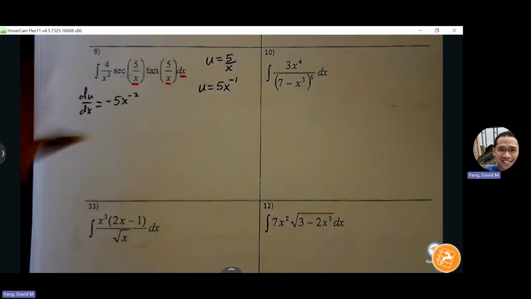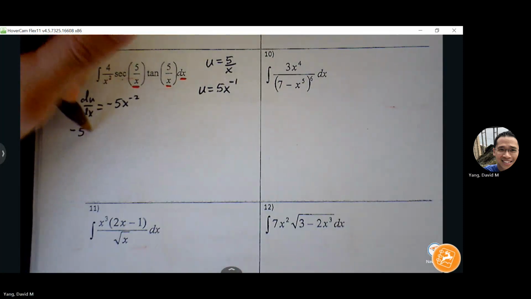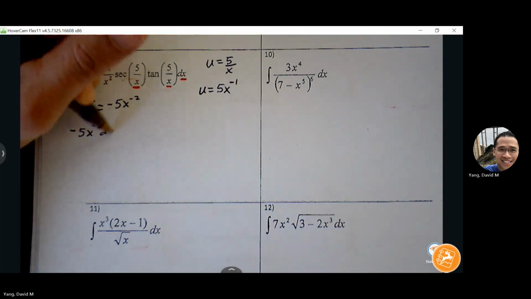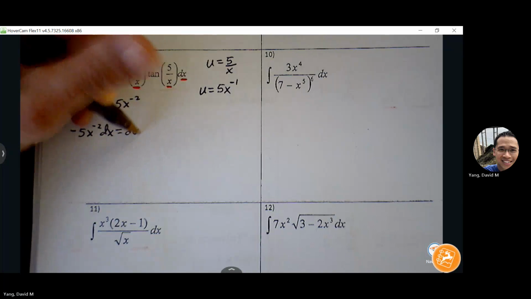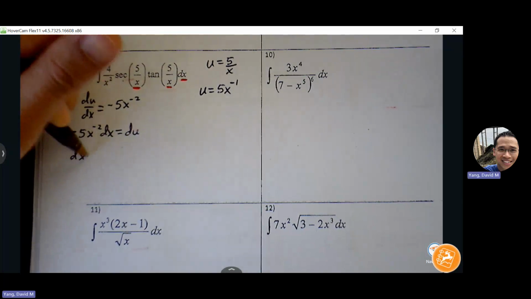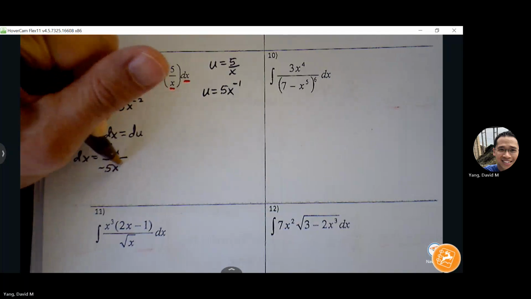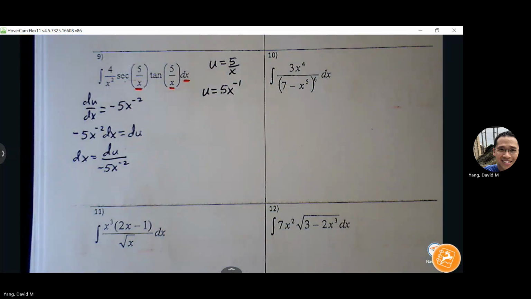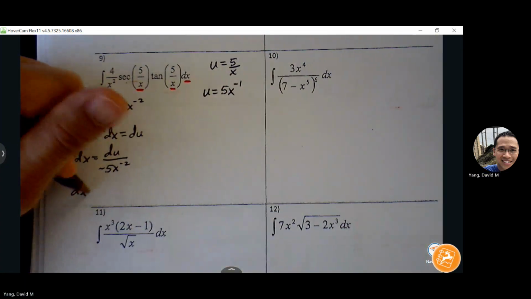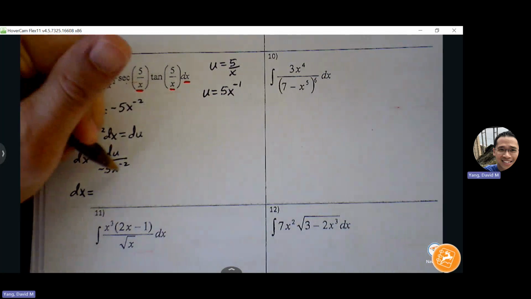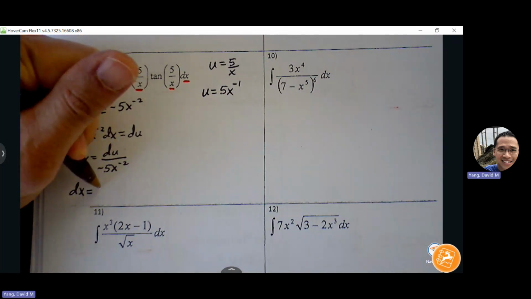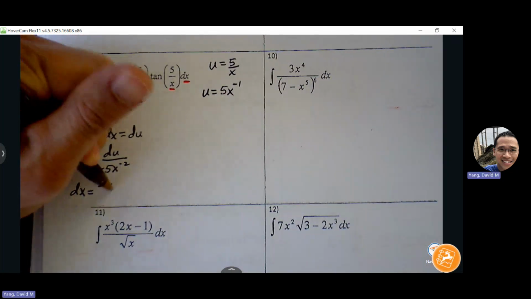Cross multiply. Solve for dx. And if I want to clean up, I can move that negative exponent so that it's up top.